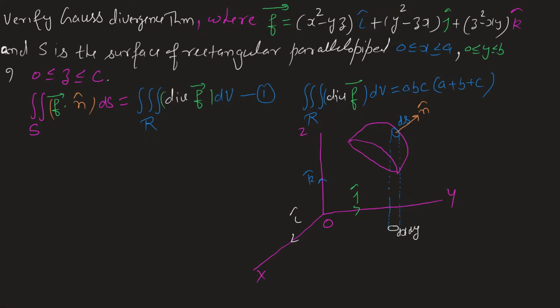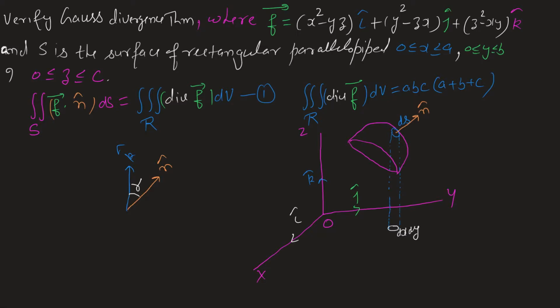So if I redraw it, say this is the normal along the z axis and this is the normal to the surface, and say the angle between them is gamma.